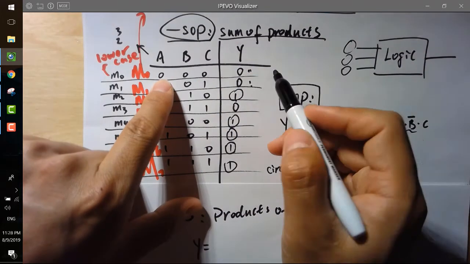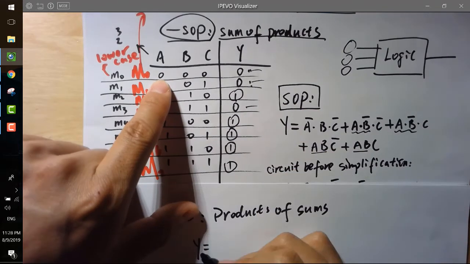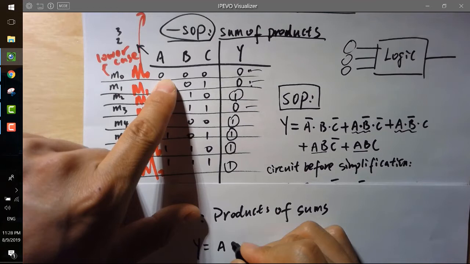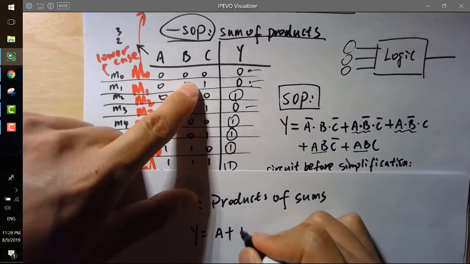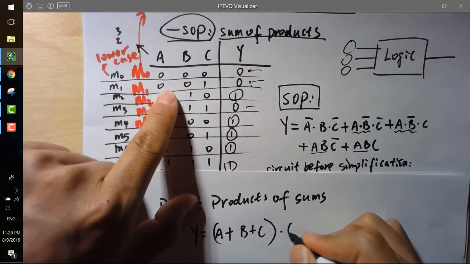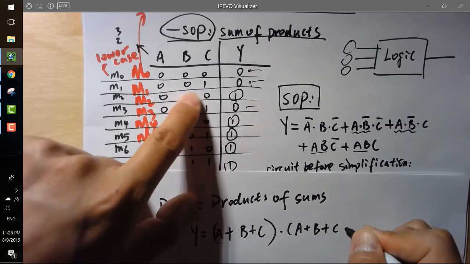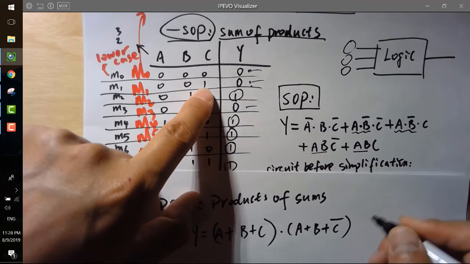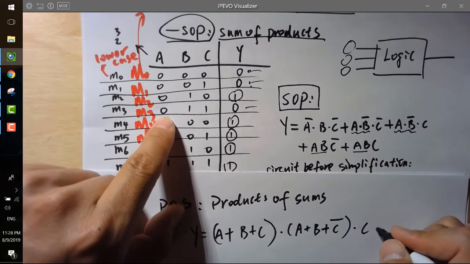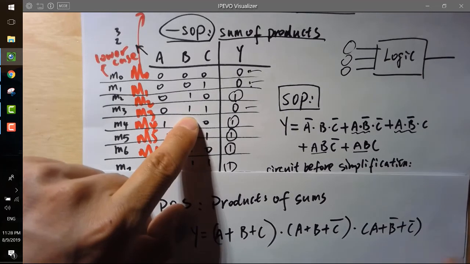For the first line, since right now we are only looking at the 0 terms, y equals A or B or C. And when you have a 1, you put a bar on top: A or B bar or C bar. That's how I'll do it.